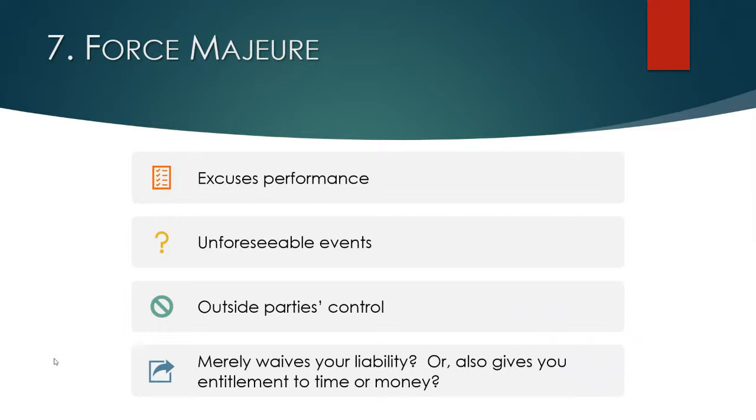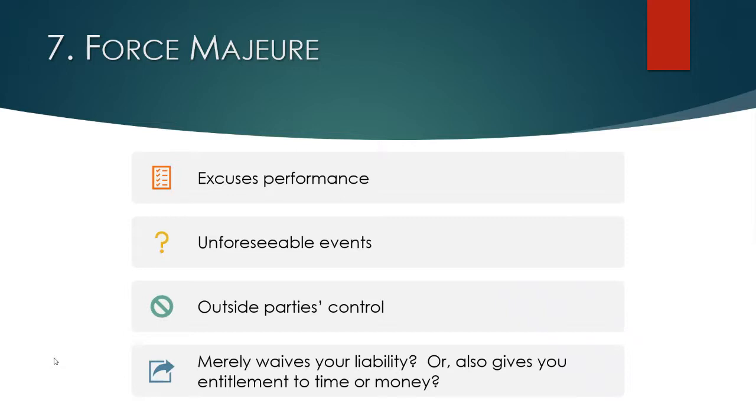At a high level, what is force majeure? It excuses performance of the contract because of superior forces that are outside your control. Typically you hear acts of God, but then you also see things like war, hurricanes, fires, floods, government actions. These are things that are unforeseeable and outside of your control. Therefore, why should you be held responsible?